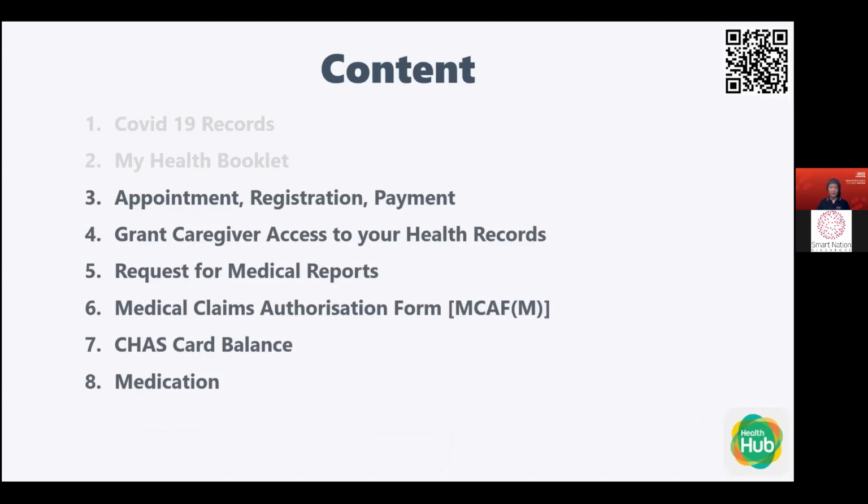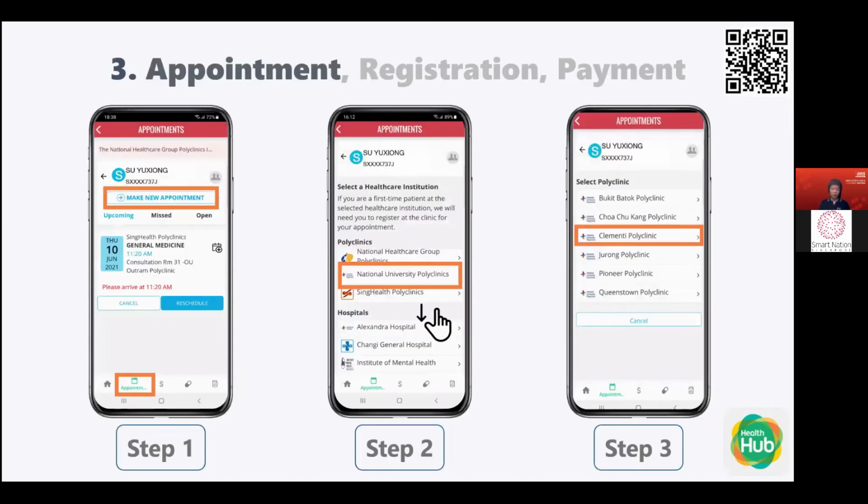Next is the aspect of appointment, registration, and payment. A couple of us go to hospitals or polyclinics, for example, when we are sick. Did you know that you can make your appointment in HealthHub? As you go into the appointments module, you can make an appointment. Select a cluster, and from there choose which polyclinic or institution you want to go to.